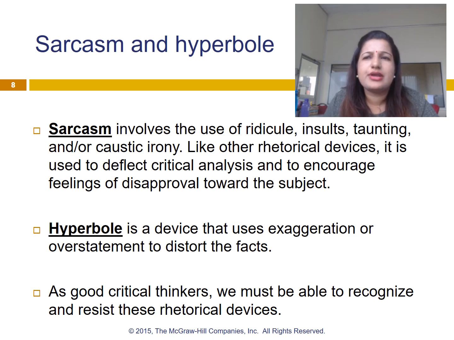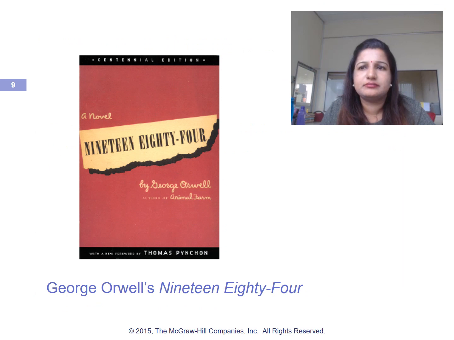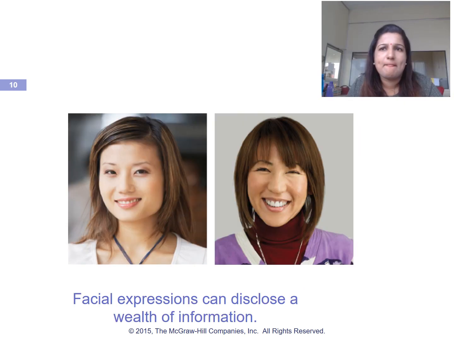So as good critical thinkers, you must be able to recognize and also resist these rhetorical devices. One good example would be George Orwell's 1984, where this novel actually employs a lot of rhetorical devices, and you should try reading it.